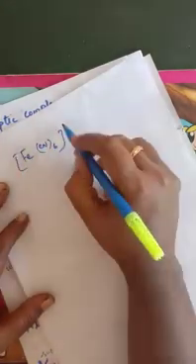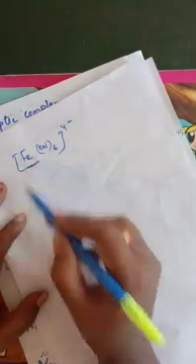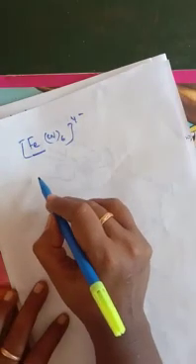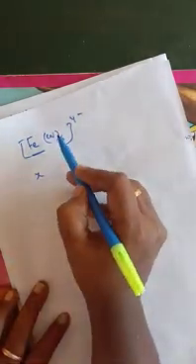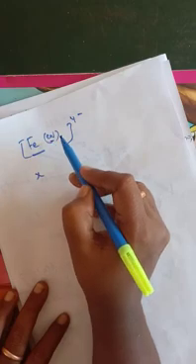Let us see the first one. Suppose [Fe(CN)6]4-, the coordination complex. We don't know the oxidation state of the iron, so we consider it as x. Here cyanide is a negative ligand. I told you the ligand may be positive, neutral, or sometimes negative.